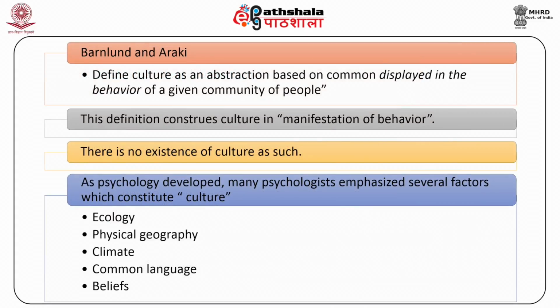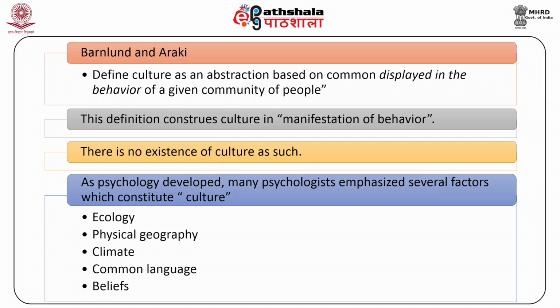Baron, Lunt and Araki, 1985, define culture as an abstraction based on common characteristics displayed in the behavior of a given community of people. This definition construes culture in manifestation of behavior. Otherwise, there is no existence of culture as such.